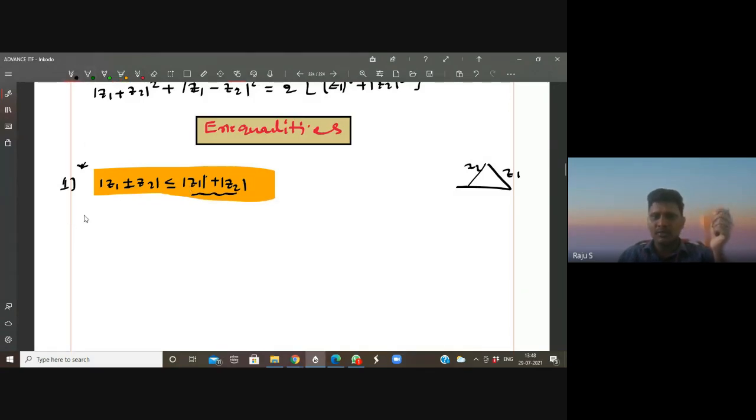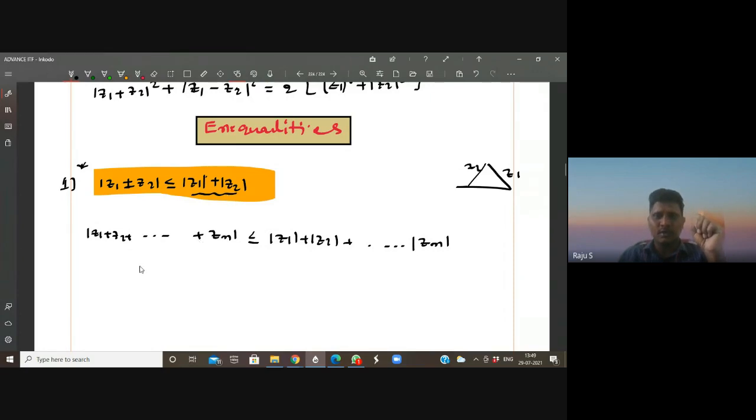Clear, students? This property we may apply for a finite number of complex numbers: modulus of z1 plus z2 plus so on plus zn can be written as lesser than or equal to modulus z1 plus modulus z2 plus so on plus modulus zn.